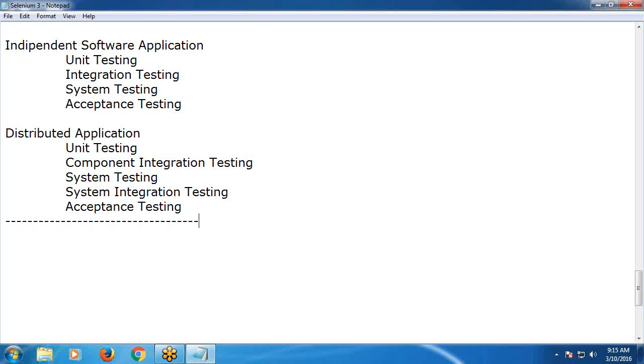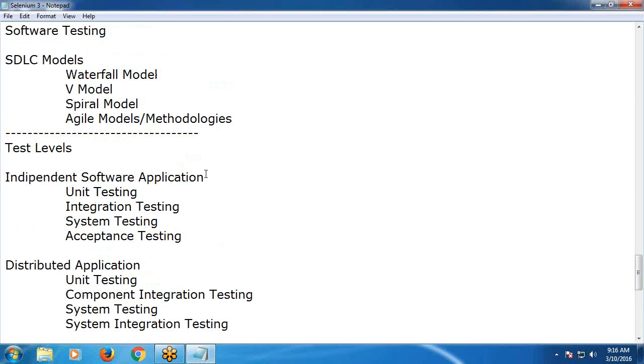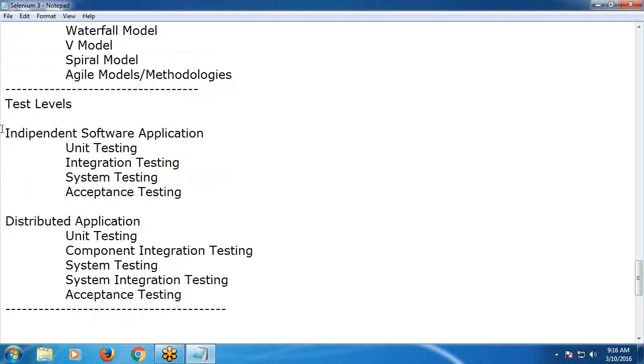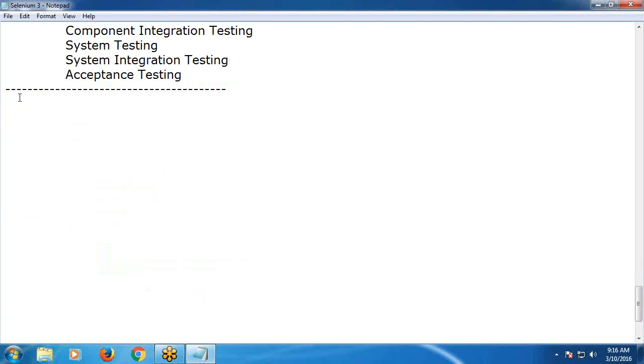These are test levels. Next, test types.